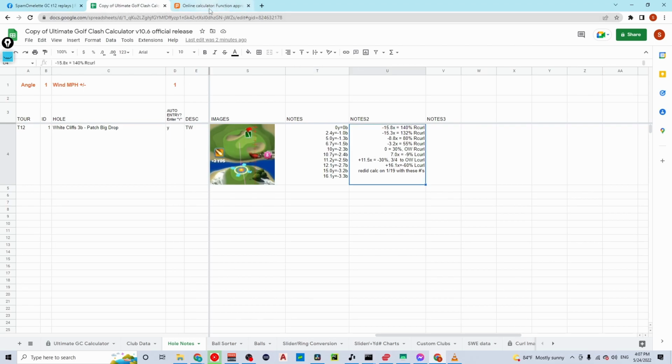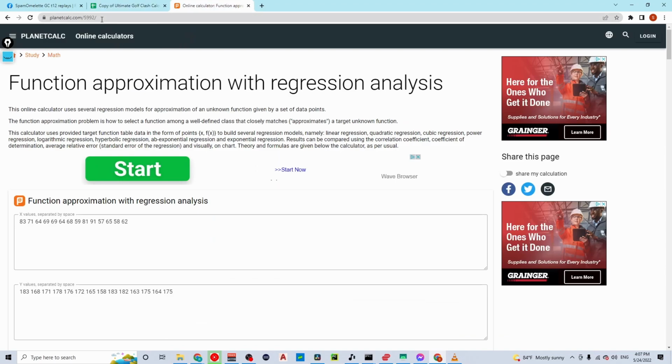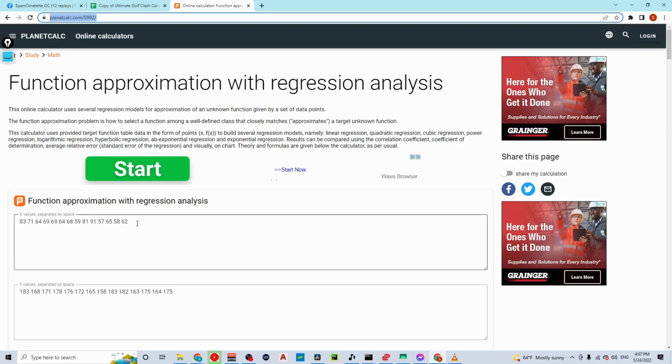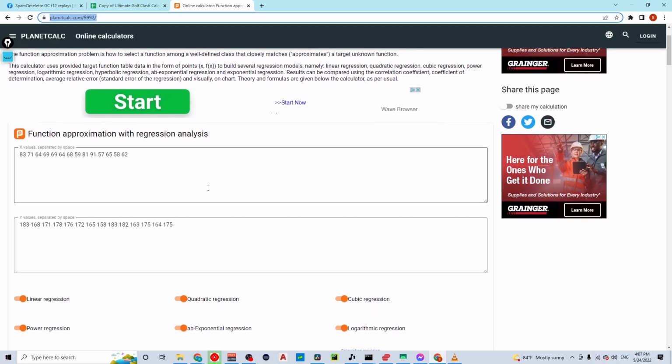I go to this site and I want to show you this. You see this URL, planetcalc.com/5992/, and it's this crazy name, function approximation with regression analysis. All it really is, it's like saying, if something is 1, I get a 5.